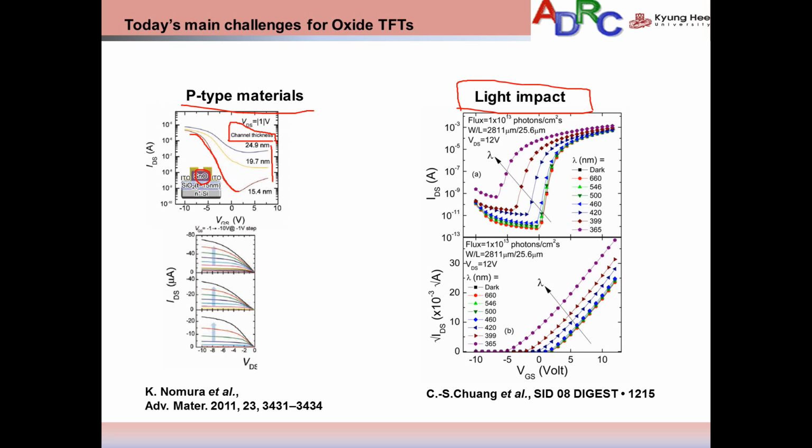But as we can see from this figure, for example, when you have a certain wavelength, the shift of the TFT characteristics depends on the wavelength. For very small wavelengths, the shift is high, but for higher wavelengths, the shift is lower.